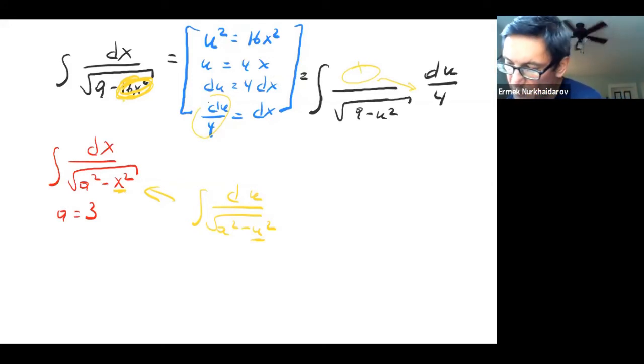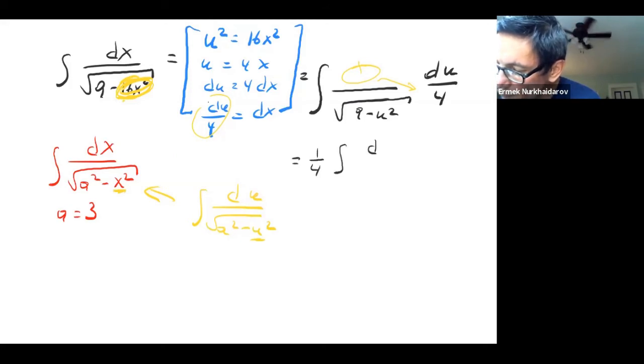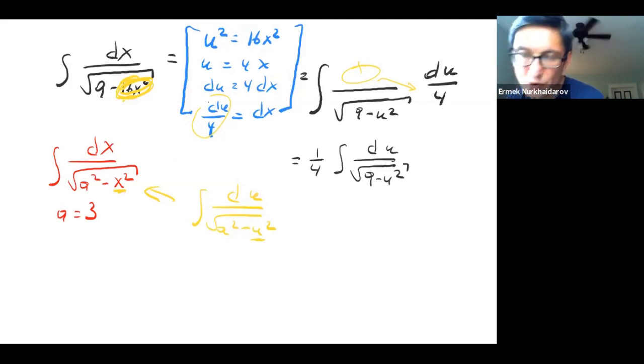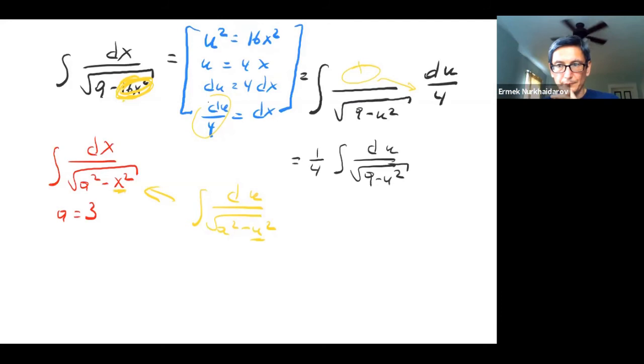Instead of writing du over 4 on top, I'll just slide it next to the integral. It's easier for me to see that way. Then we see that 1/4 is the coefficient in front, du over the square root of 9 minus u squared. And we should be able to finish this. In a second, I'll put the final solution on the board as well.